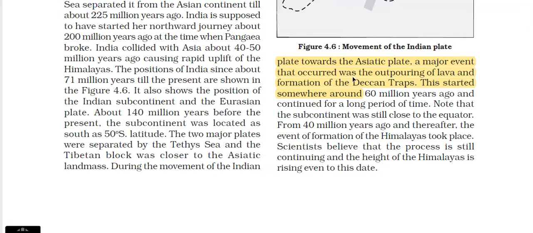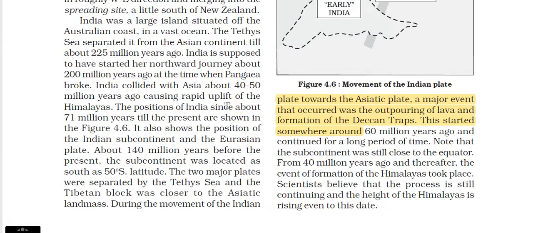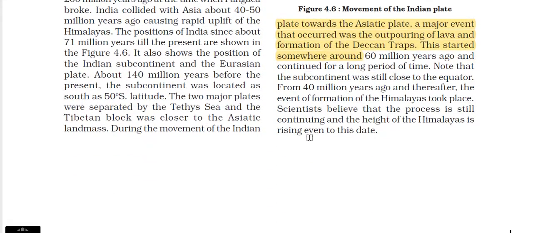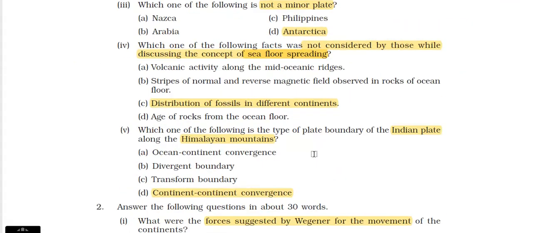A major event that occurred was the outpouring of lava and formation of the Deccan Trap. Overall, India was a large island situated on the Australian coast. So it separated from the Australian plate, and it comes into this form.